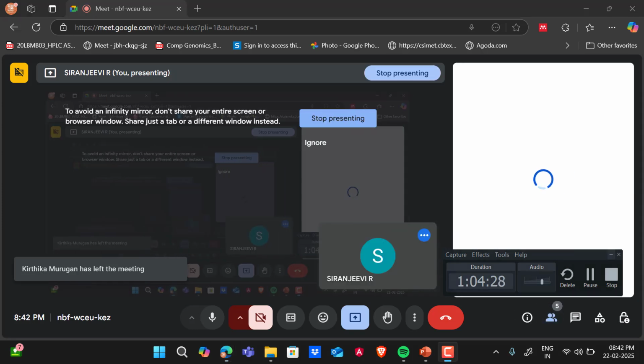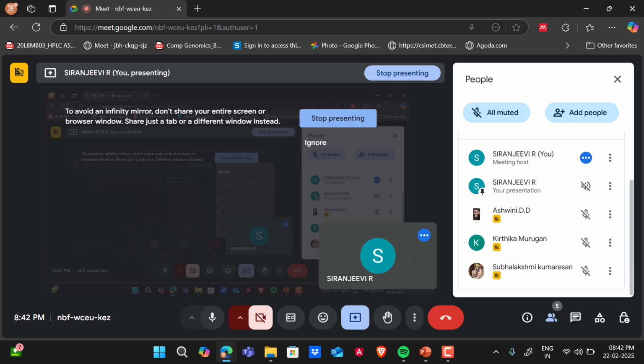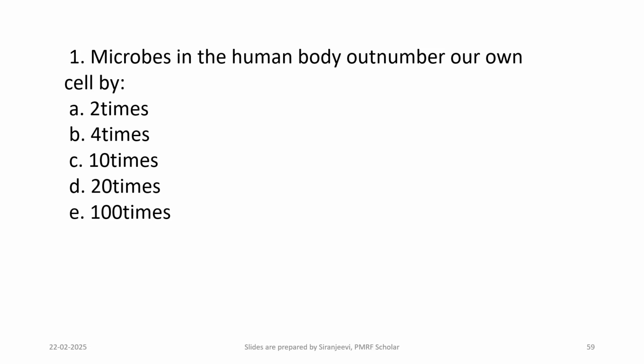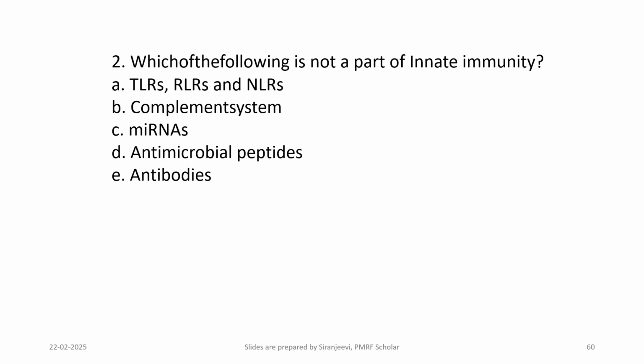Lactoferrin inhibits microbial growth by which one? Which of the options is correct? Sequestering endopeptidase activity, ROS and RNS production, innate immune cell recruitment, sequestering Fe2 plus ions, inducing permeability in bacterial membranes. Any idea? Lactoferrin, it's a ferrin.